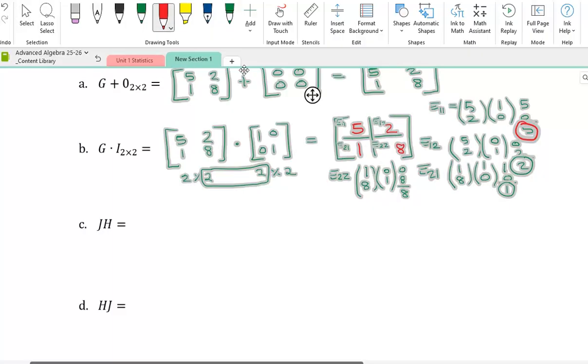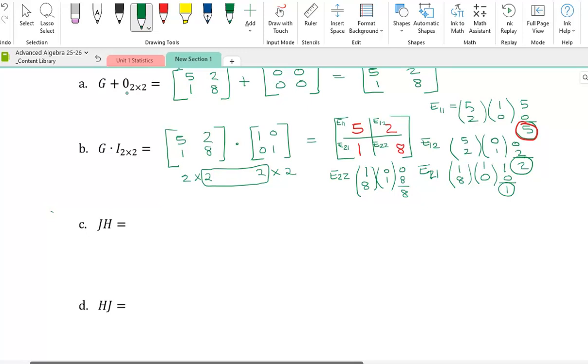All right, let's do JH. Let's see the difference between these two. J is 9, 7, 2, 6, and we're going to multiply it by H, which is 2, 5, 7, 3.